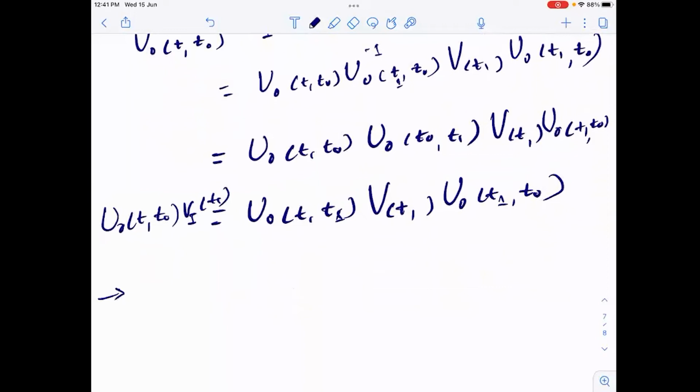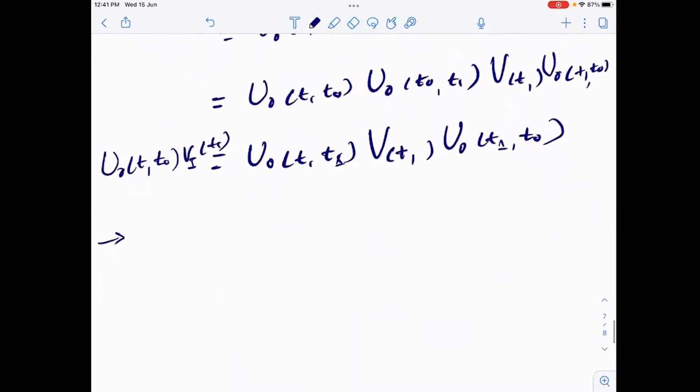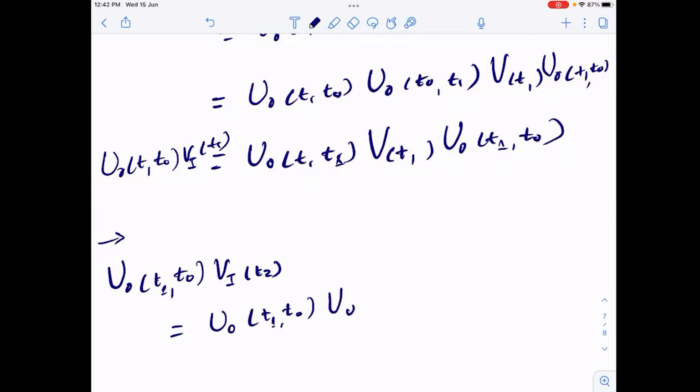Similarly, let's do one similar exercise for the second term in the last integral, that is U0 T1, this is 1, T1 T0 Vi, this time T2, right? So we can write it as U0 T1 T0 U0 inverse T2 T0 V T2 U0 T2 T0.